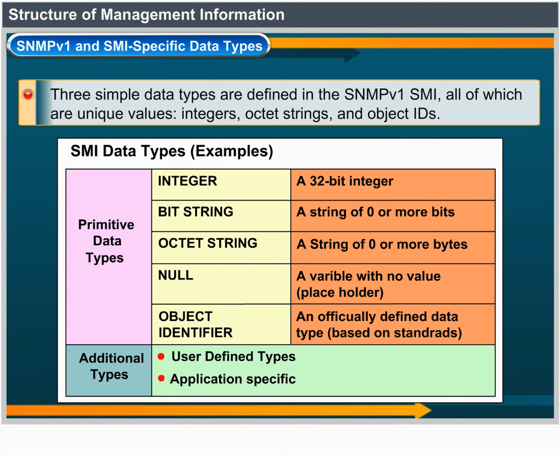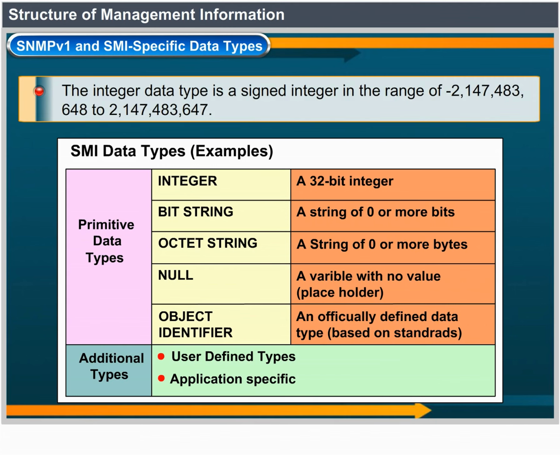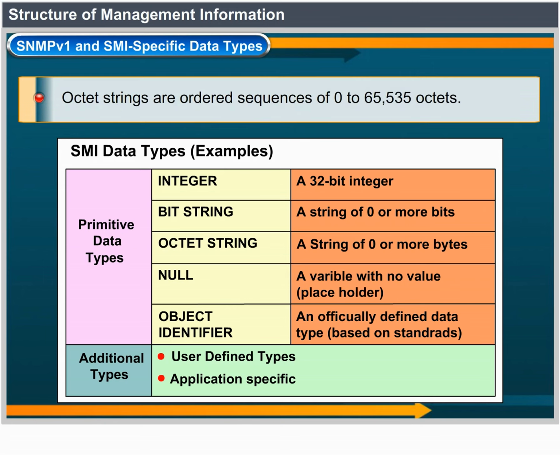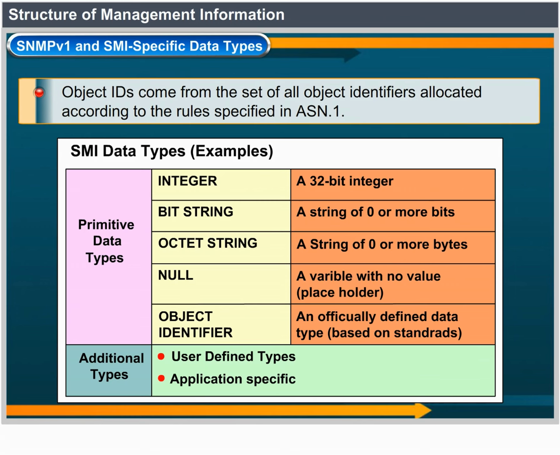The integer data type is a signed integer in the range of -2147483648 to 2147483647. Octet strings are ordered sequences of 0 to 65535 octets. Object IDs come from the set of all object identifiers allocated according to the rules specified in ASN.1.